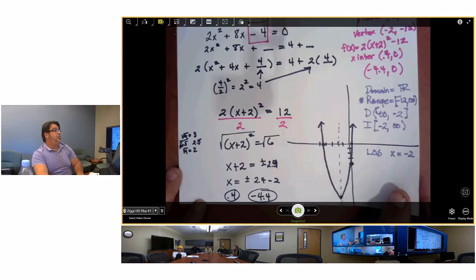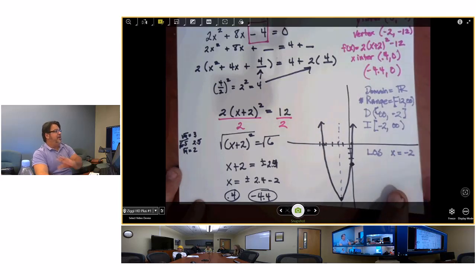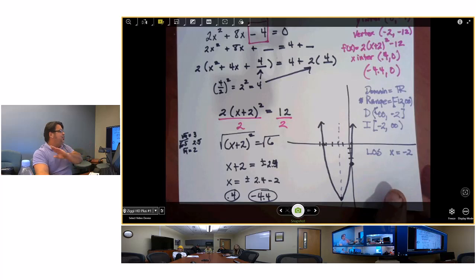After you finish 2.1 and 2.2, and you do everything, ignore the directions. Because if the directions tell you to factor or use the quadratic formula or the square root property, are you going to get the same answer if you complete the square? Yes. Completing the square has no boundaries. Factoring, you have to worry about whether the equation is factorable or not.